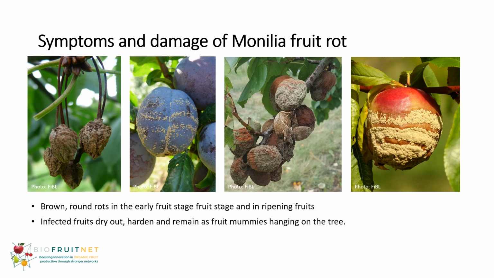Monilia fruit rot attacking the fruits is characterized by brown, round rots at an early fruit stage. Infested fruits dry up, harden, and remain as fruit mummies on the tree. Huge damage occurs, especially in years with rainy weather at the time of fruit ripening. Wet and warm weather promotes pathogen infection and rot spreading.